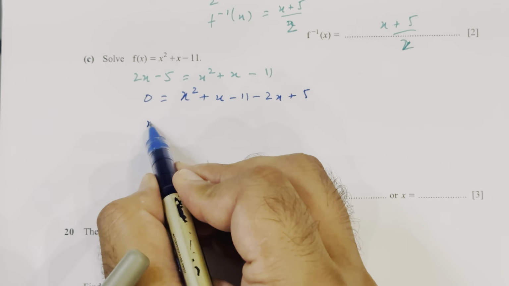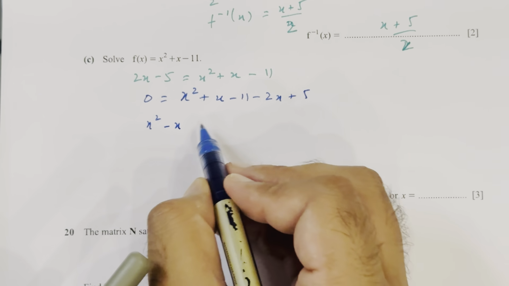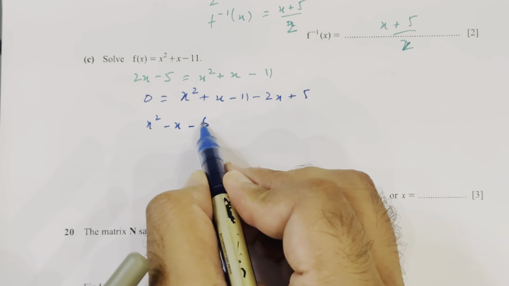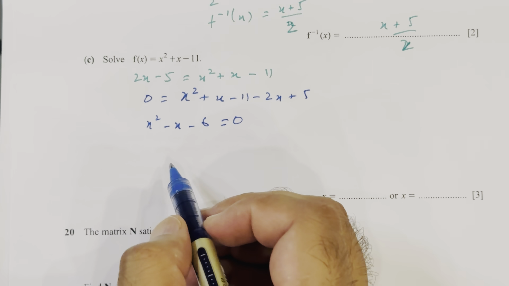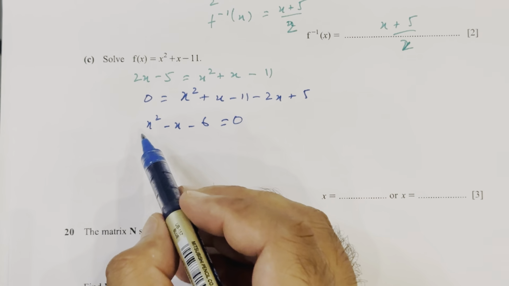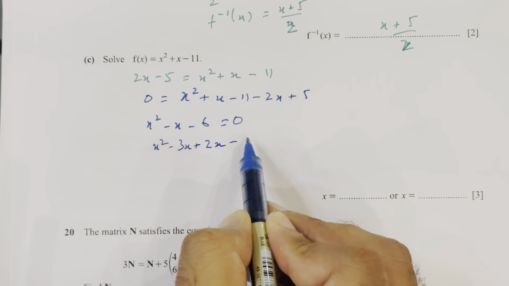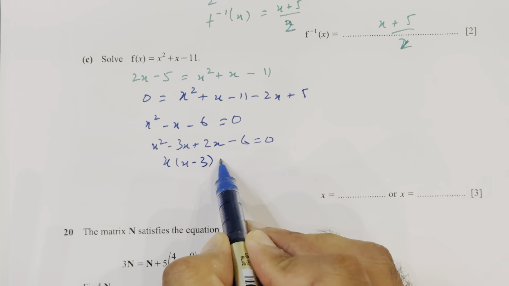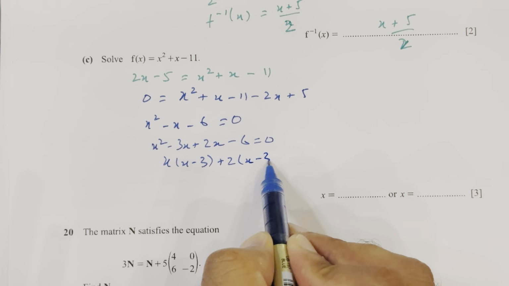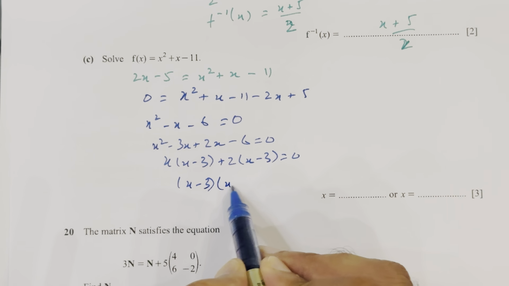It would be x squared, x minus 2x would be minus x, minus 11 plus 5 would be minus 6, equal to 0. Now you need to do mid-term breaking of that. The pair would be x squared minus 3x plus 2x minus 6 equal to 0. Taking x common: x(x minus 3) plus 2(x minus 3) equal to 0. Then it would be (x minus 3)(x plus 2).